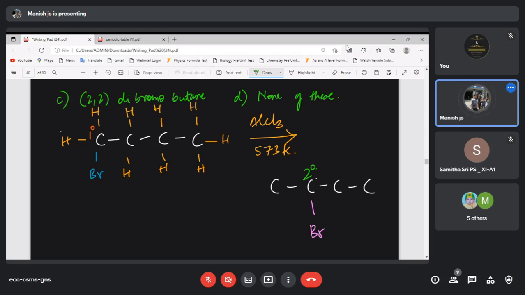This is where the bromine will now be substituted, at the second carbon atom, which is a 2-degree carbon because it is attached to 2 more carbons. So a primary halide gets converted to a secondary halide in the presence of aluminium trichloride. That is the reaction mechanism, so note it down. Whenever aluminium trichloride reacts with an alkyl halide, it converts it to a 2-degree alkyl halide, with the halogen substituted on a 2-degree carbon.